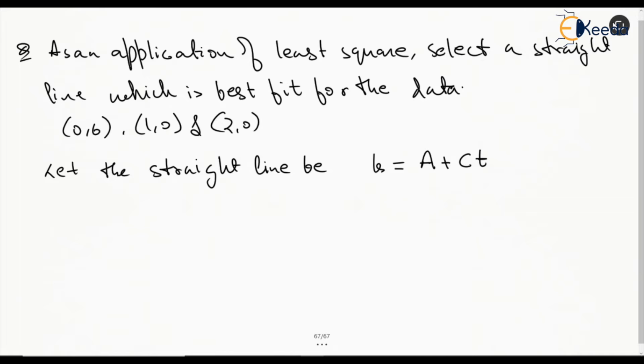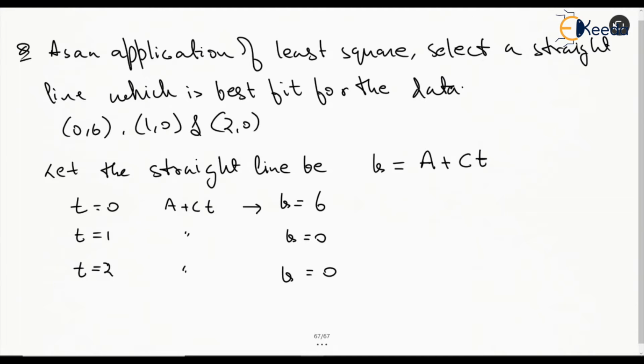So this means that at all these points, let's say t equal to 0, t equal to 1 and t equal to 2, we need this line A plus CT for all these cases to give the solution B as 6, B as 0 and B as 0.